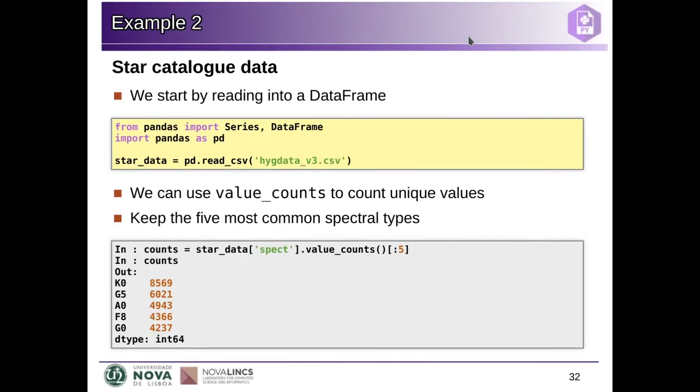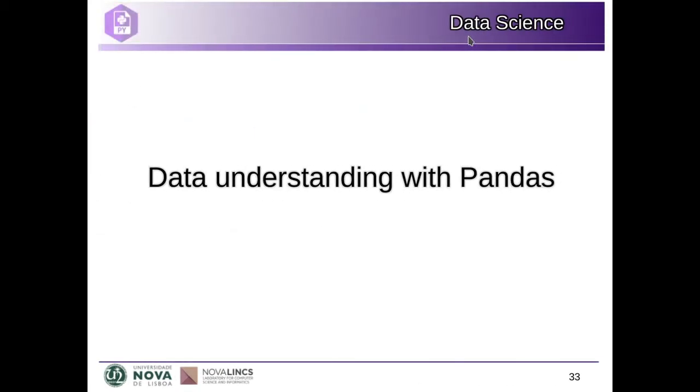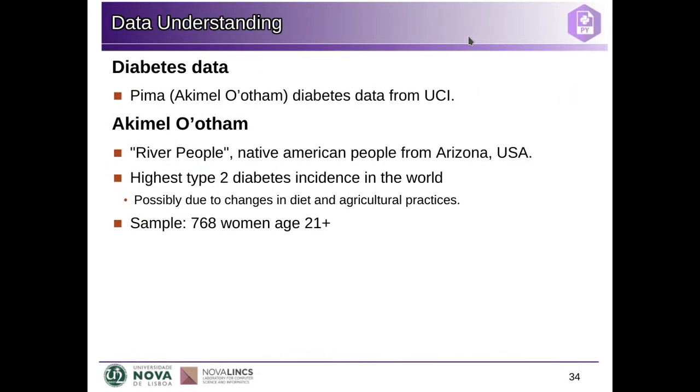So let's see just another example for trying to understand data, looking at the data, summarizing the table. In this case, I'm going to use yet another database. This is data from the Pima people, a Native American people from Arizona, and this ethnic group has among the highest incidence of type 2 diabetes in the world.